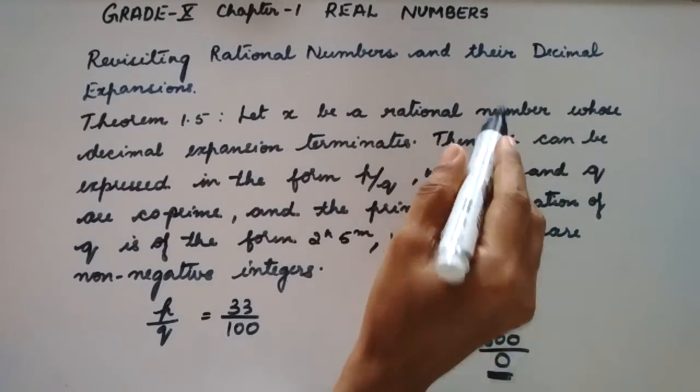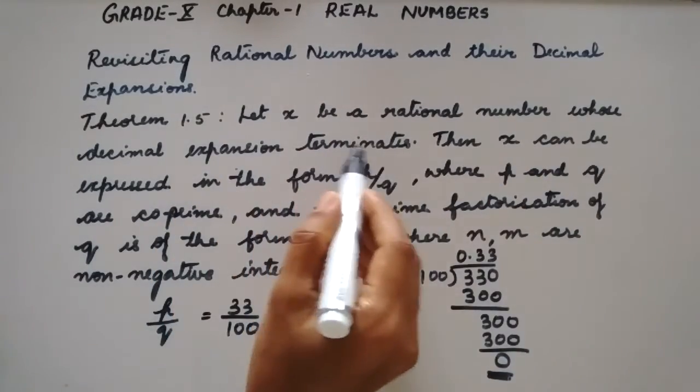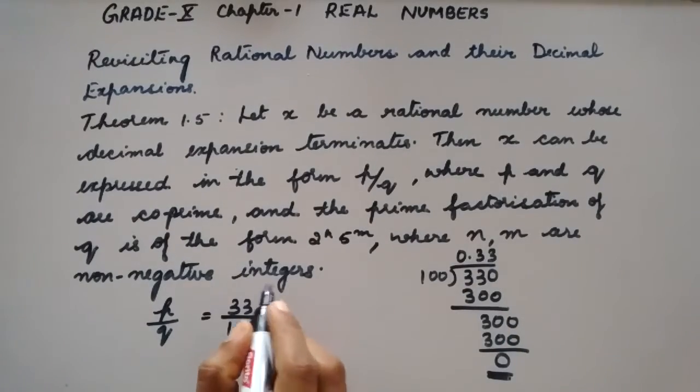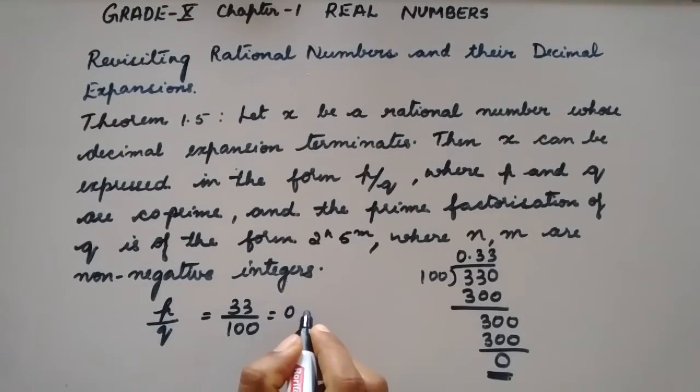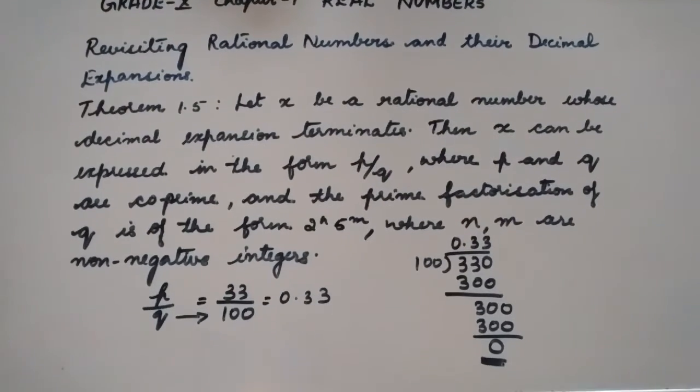x is a rational number which is of the form p by q. So I have taken p by q as 33 by 100, whose decimal expansion is terminating. So here we get 33 by 100 as 0.33. Now q is nothing but 100, isn't it?